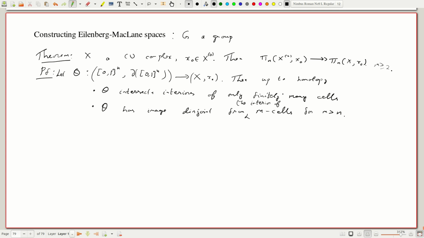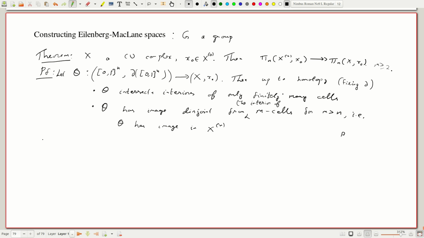This was the proof that involved linearizing and so on, but the latter statement is simply saying that theta has image in xn, which is all that is required. So up to homotopy, fixing the boundary, we have these things. So this tells you this surjects.